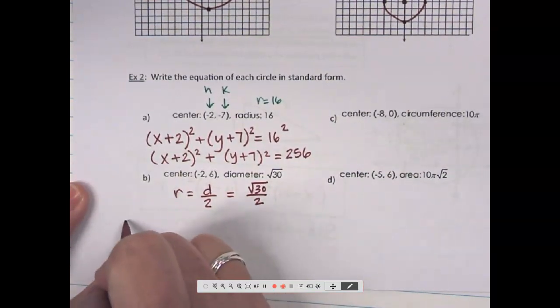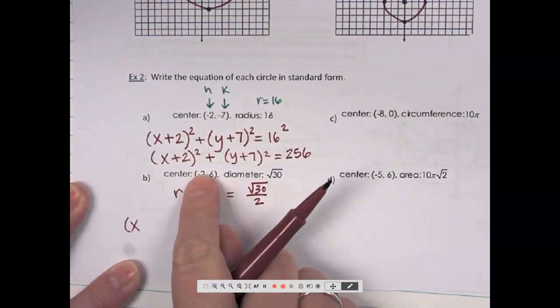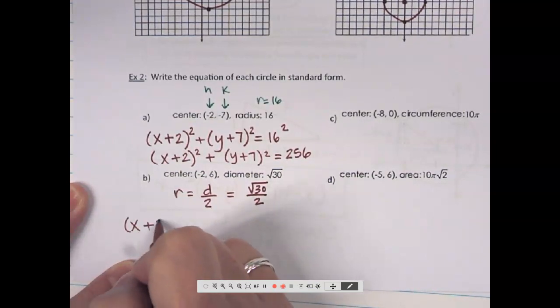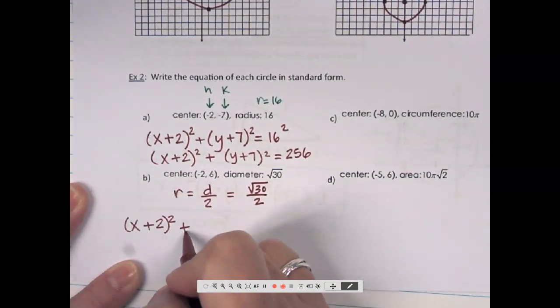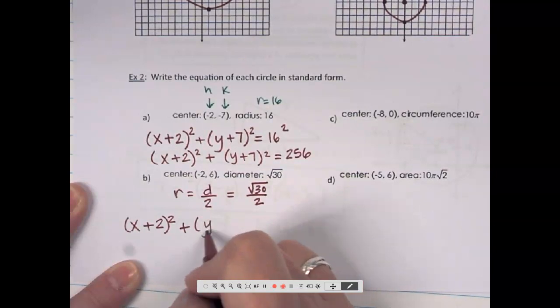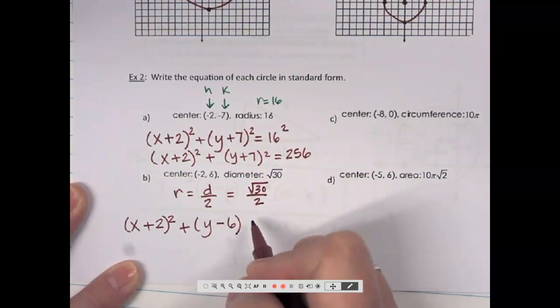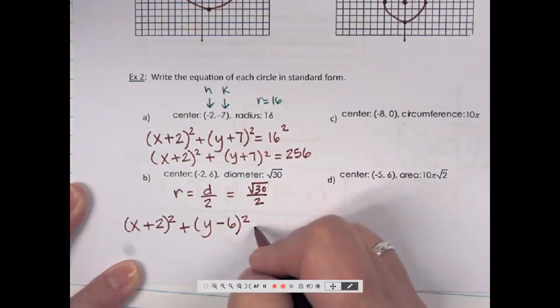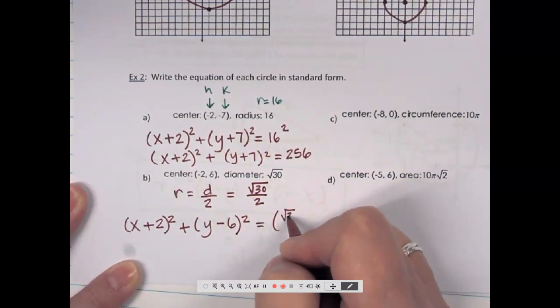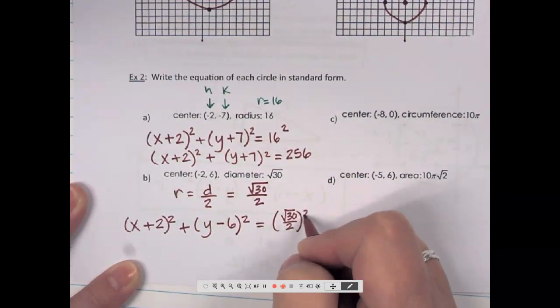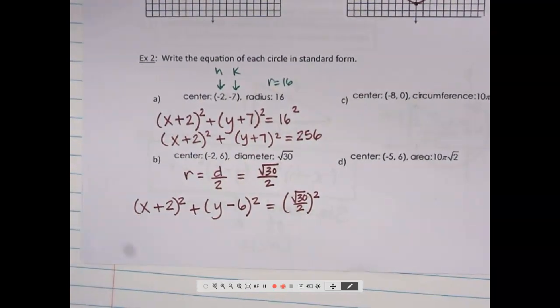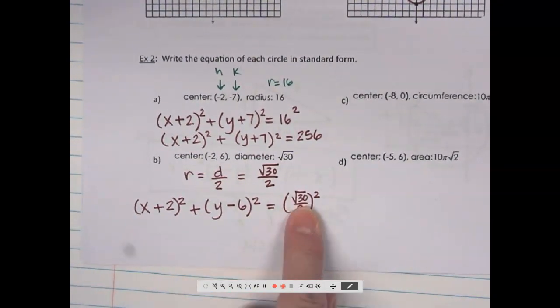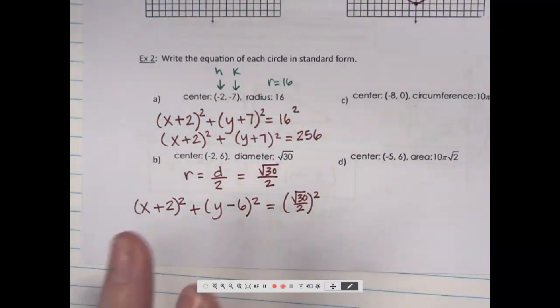Okay, so let's start with our equation. X minus -2 becomes plus 2 squared, plus y minus k, so y minus 6 squared, equals square root of 30 over 2 squared. And don't grab that calculator yet. What happens when I square the square root of 30? It's just 30. Yeah, the square and the square root cancel each other out.